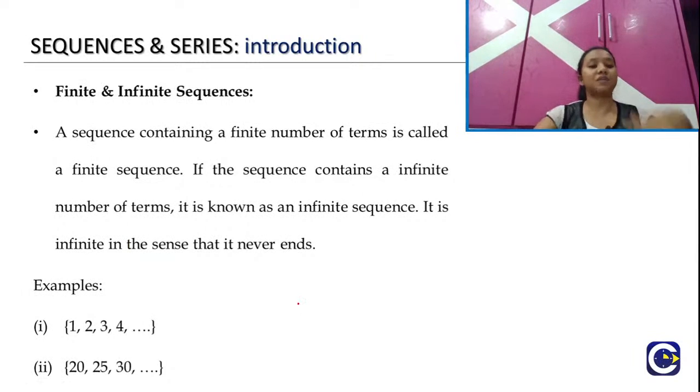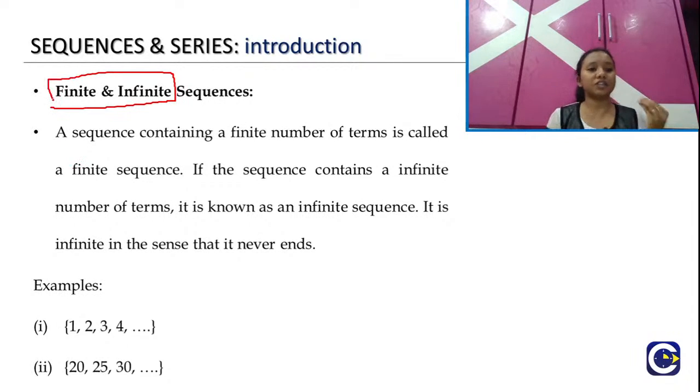So now, as we have seen the definition of sequence, let's categorize the sequences. As I mentioned, we will be discussing 2 types of sequences. One is a finite sequence and the other is an infinite sequence. Right. By adding these 2 words, finite and infinite, it gives the exact meaning of those sequences.